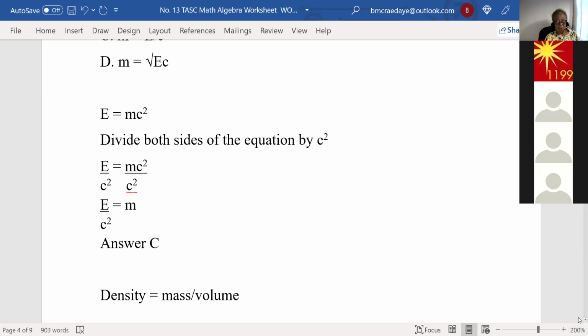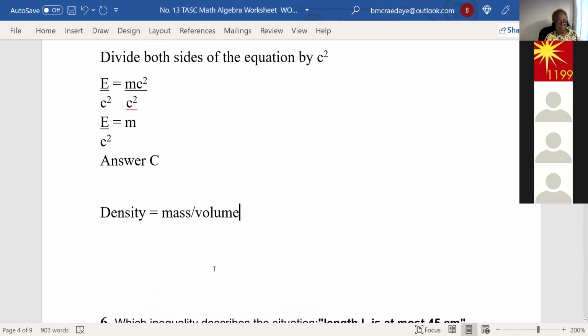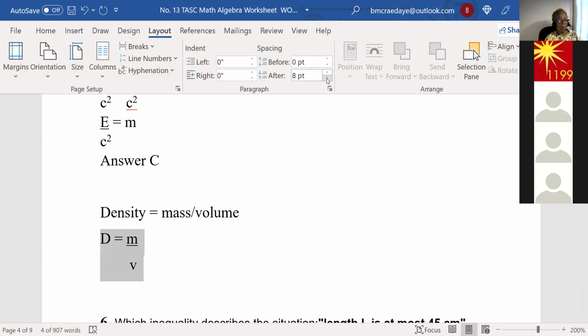Now, let's just put this as D equal M, and I'll do it this way: M over V. Okay. Now, if density is equal to mass over volume, what is mass equal to?